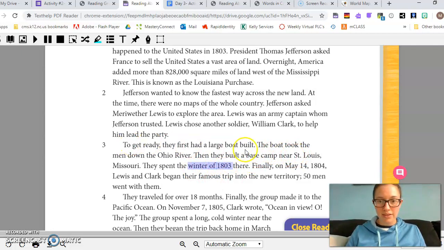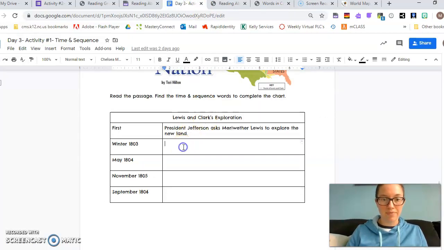That was when the boat took the men down the Ohio River, and then they built a base camp near St. Louis, Missouri. They spent the winter of 1803 there. So what I would have written in my chart is that in winter of 1803, the men, which would be Lewis and Clark and their party of other people who went with them, built a base camp near St. Louis, Missouri. So that should be what you put right here.